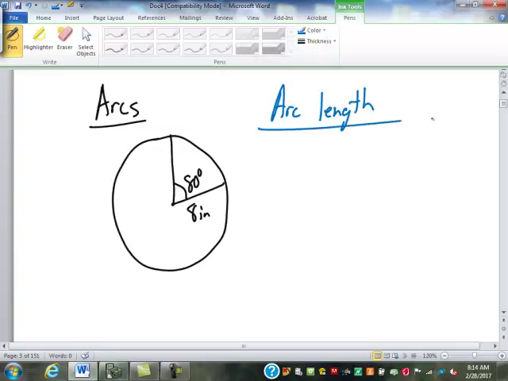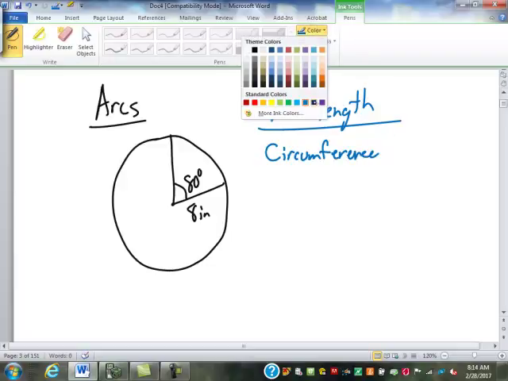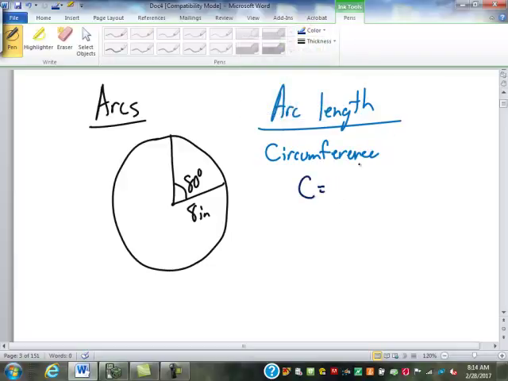The arc length was found by finding the circumference of the circle. C is equal to, since I have a radius, 2 times pi times the radius, which is 50.24 inches if I use 3.14 as pi. That's my circumference.